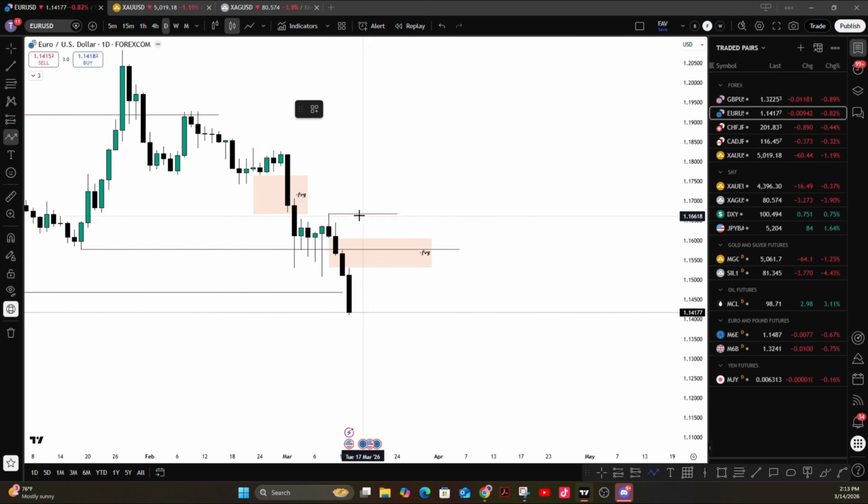For the guys who don't know what SMT is, SMT basically is if one asset, a correlated asset, if this is EU, assuming EU takes out a high, I will expect GU inside of this fair value gap.